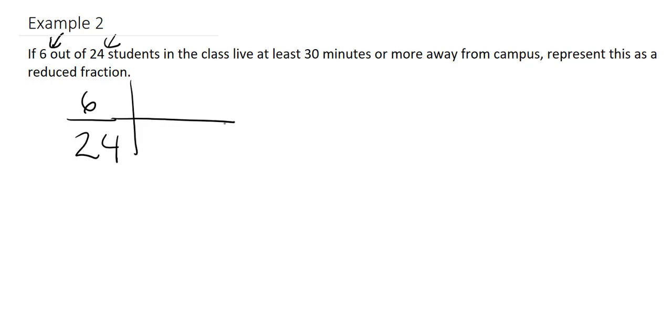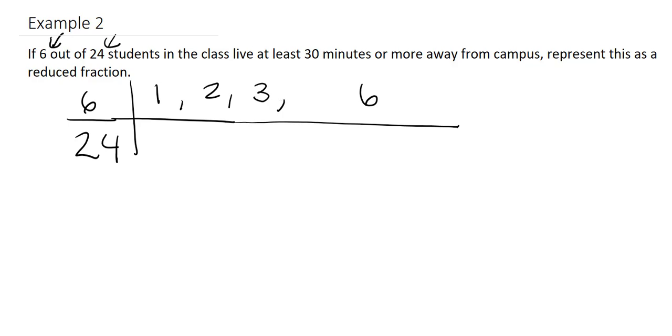So let's go ahead and find the factors of 6. So we know 1 and 6 are always going to be factors because 1 in itself is always a factor. Now we need to find other ones. Well, we notice 6 is divisible by 2. 6 divided by 2 is 3. So we have 2 and 3. And we know 4 doesn't work, 5 doesn't work, so we're done with the 6.